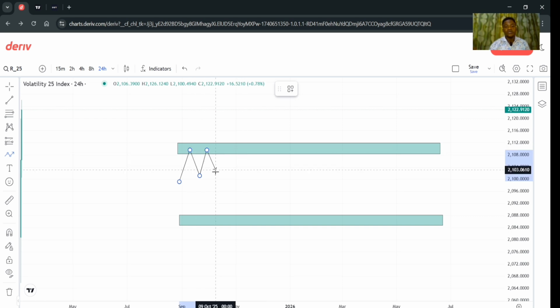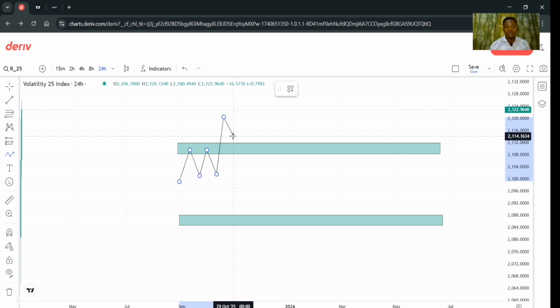Then on the third touch, the market happens to break that level, because it could happen as well. If you notice something like this, automatically this level has turned to what? A support level, because the price is above that level.